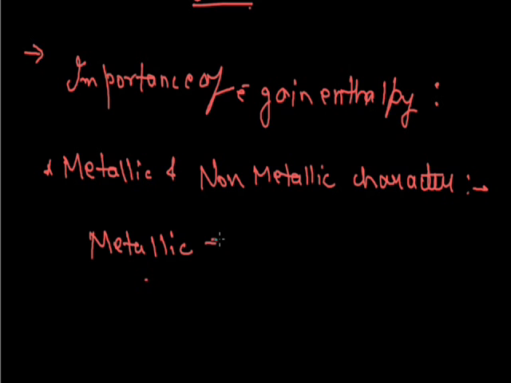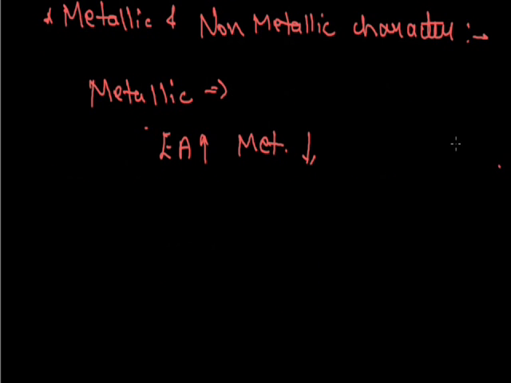So what does it mean? If electron affinity is more, the metallic character will be less. How can we connect electron affinity to non-metallic character?